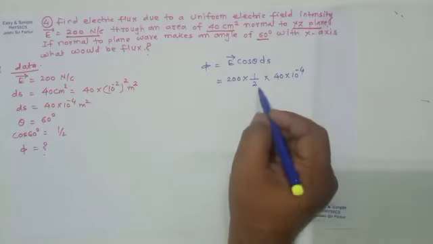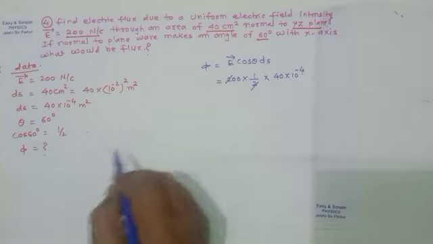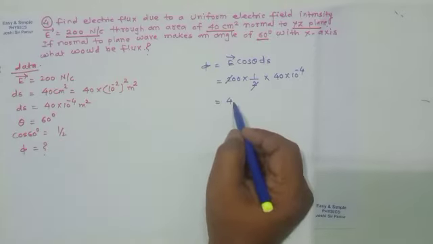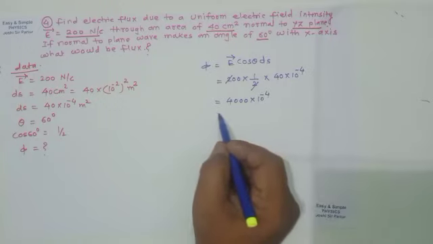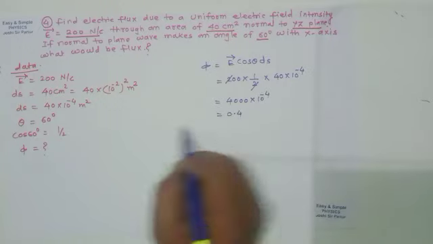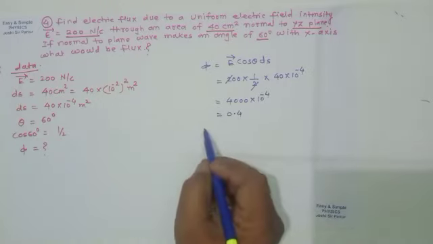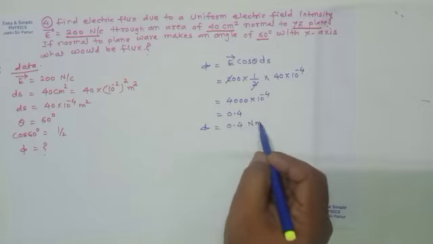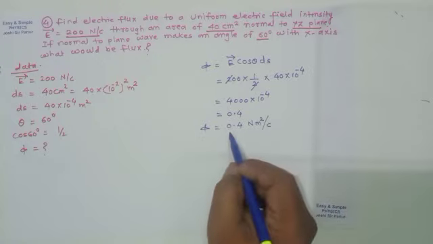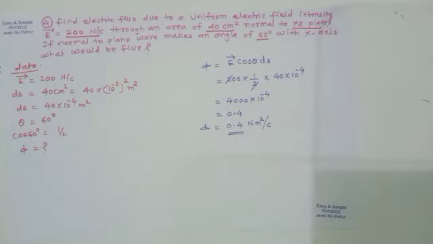Here 2 gets cancelled, 400 into 10 raised to minus 4 will be 0.4. So electric flux will be 0.4 Newton meter square per Coulomb, which is the answer for the given example.